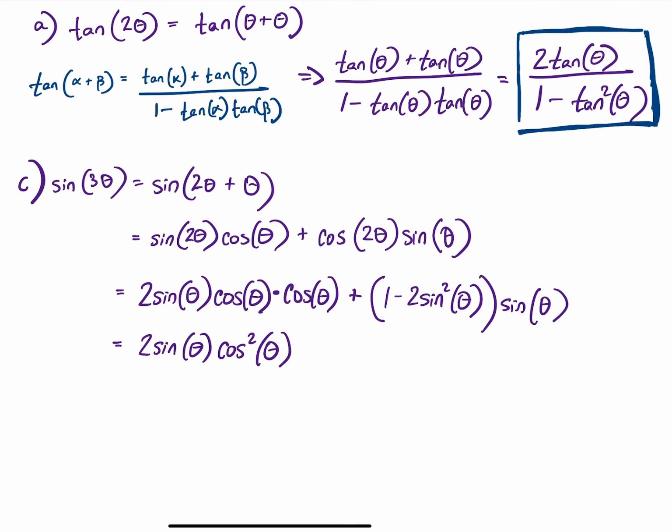So this will become plus sine of theta minus 2 sine cubed, and then we still have this cosine squared, but let's express it as 1 minus sine squared theta. We saw we can do that too, just so that everything is in terms of the sine.